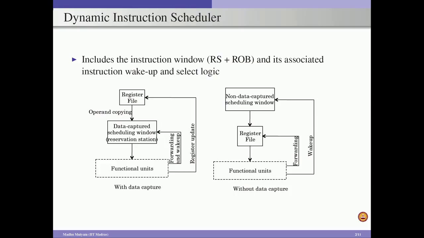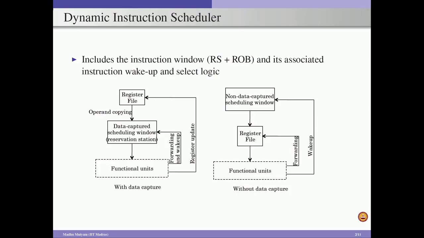And also the wake up path between the functional unit and the reservation station will be very thin, because here all we require is to pass only the register tag as part of the wake up logic, whereas in the previous design we have to pass both the register tag as well as the computed value. So this is going to take a wider bus, whereas here this is going to take a very thin bus.